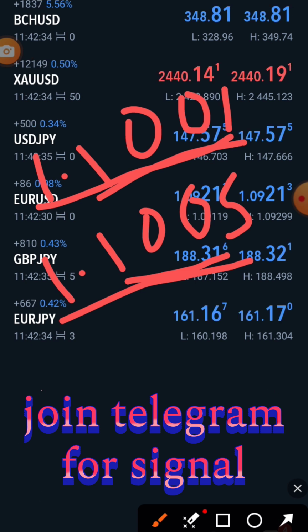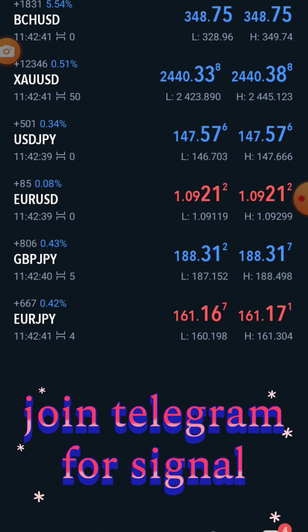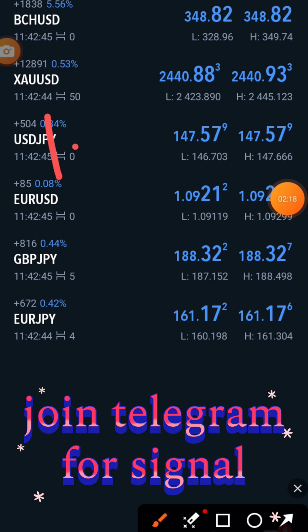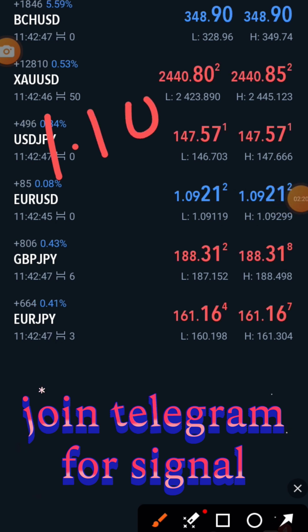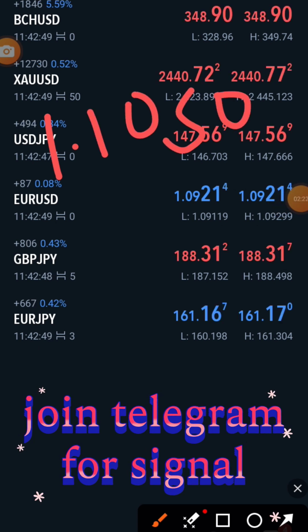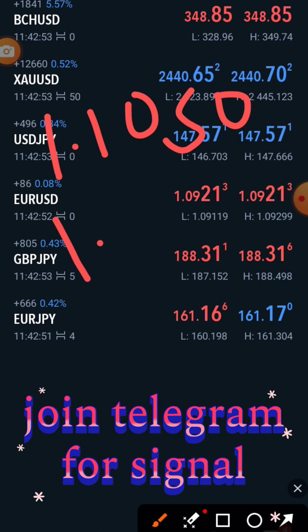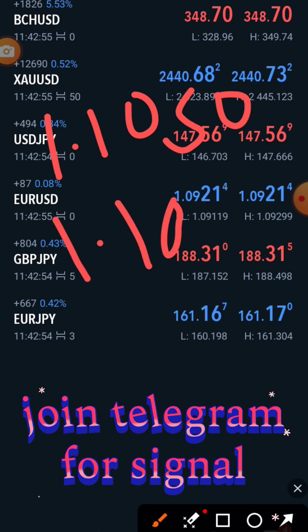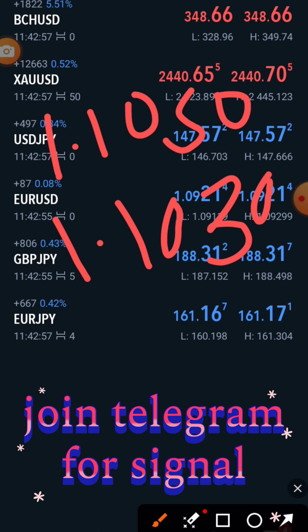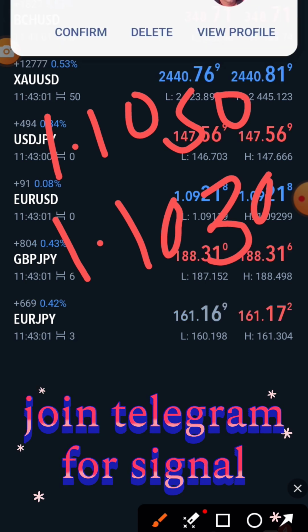Okay, let me ask another question. If the price of EUR/USD was 1.1050, and after some time its price changes to 1.1030, you can see there is a price change of 30 points.